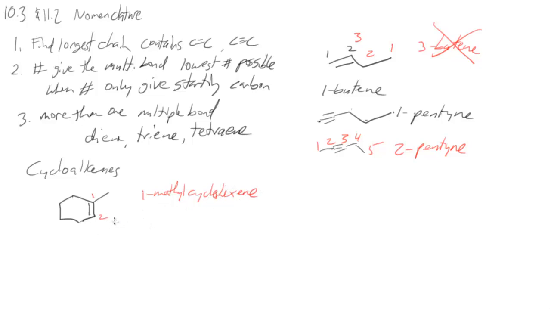Or if I numbered it the opposite direction, it would be 1, 2, that would be 2 methyl cyclohexene. So if you've been following along with all of our naming conventions, we're pretty much always trying to get the lowest numbers possible. So the correct name for this compound would be 1 methyl cyclohexene, or we could leave the 1 off completely and just call this methyl cyclohexene.